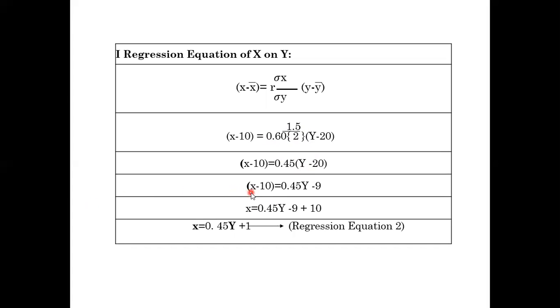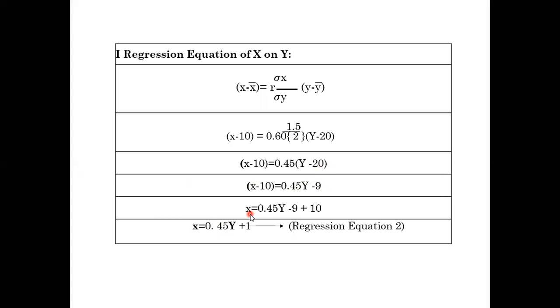Next is x minus 10 is equal to 0.45 into y, it will become 0.45y, minus 0.45 into 20. If you multiply with 20, you will get 9.